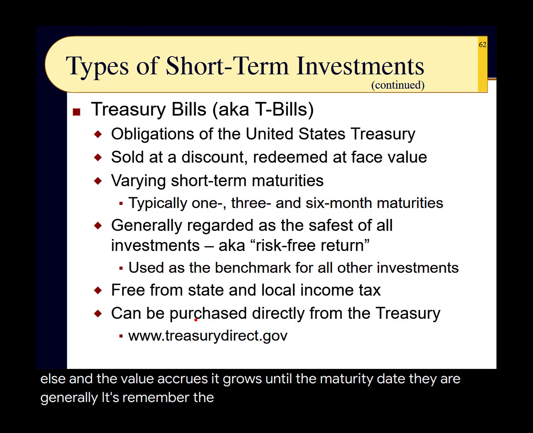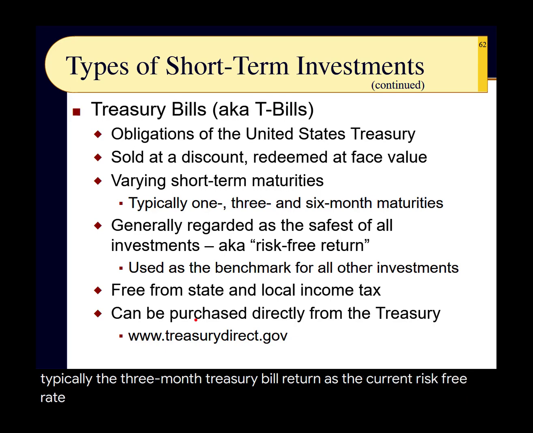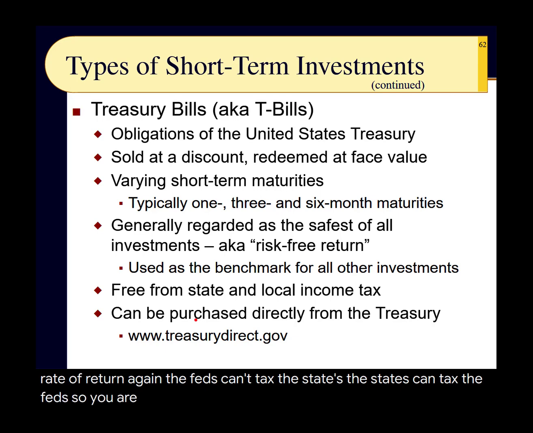Remember the risk-free rate of return? They typically use the 3-month Treasury bill return as the current risk-free rate of return. Again, the feds can't tax the states, and the states can't tax the feds, so you are free from state and local income tax, but you still have to pay federal income tax.